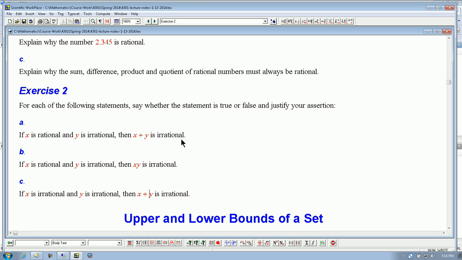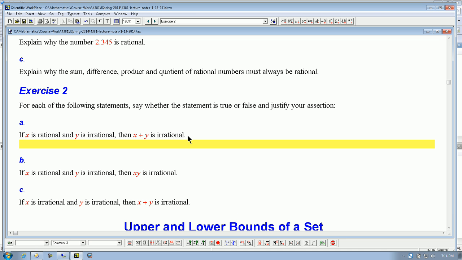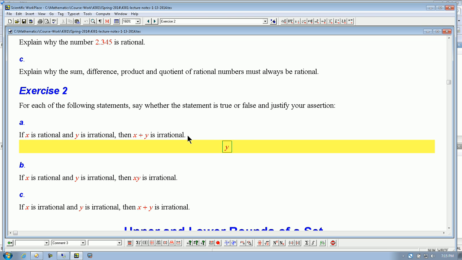I don't know, I mean, you can go either way. I'm going to give you a hint. I'm going to tell you that y is equal to x plus y minus x. Suppose this was rational.